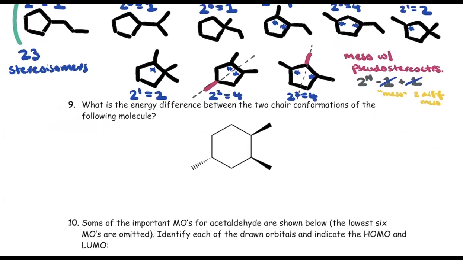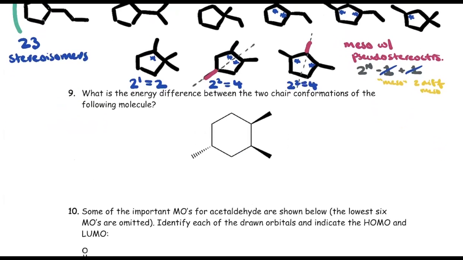Cool. It is now chair o'clock, so we are going to look at the difference between the 2 chair conformations for the following molecule. You know that I personally like numbering these things to make sure that I'm translating it properly into the chair. So if I number this 1, 2, 3, 4, 5, 6.